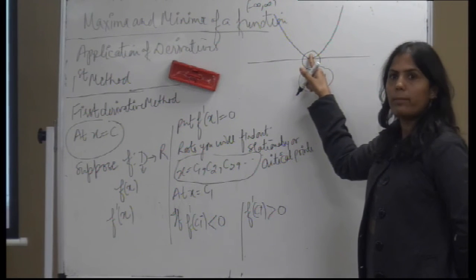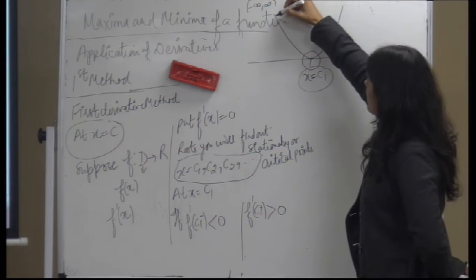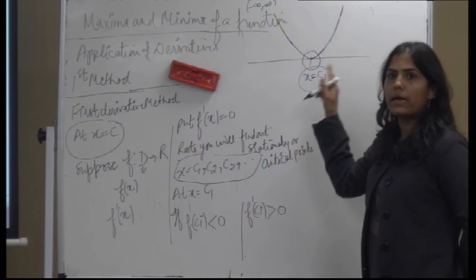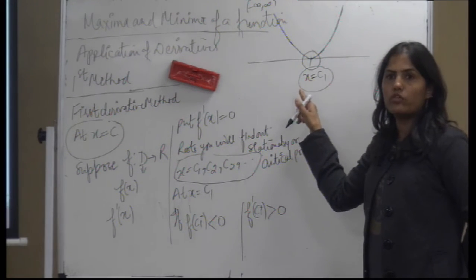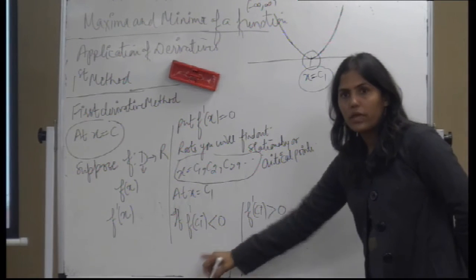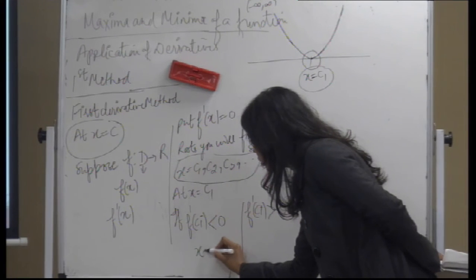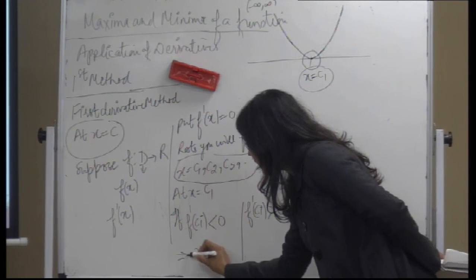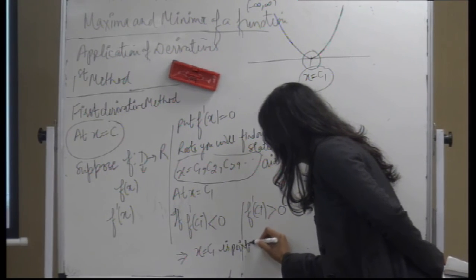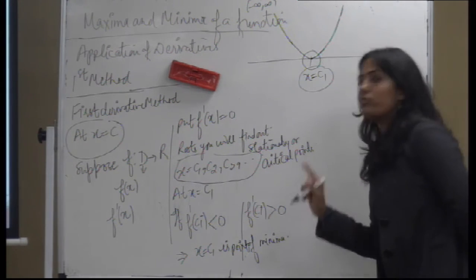this point will be 100% a point of minima. Is it okay? If the graph is changing from decreasing to increasing, then that point is basically a point of minima. So if this is the change at x equal to c1, it implies that x equal to c1 is a point of minima.